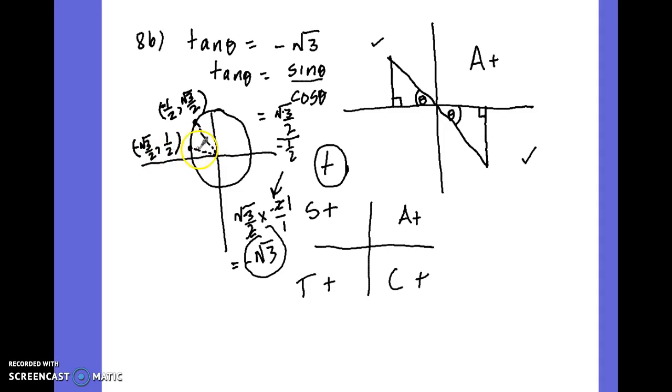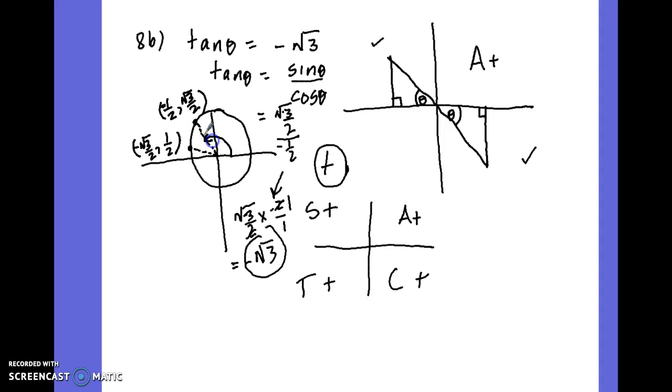They always go together. Okay, but this position will not do it, because when you do the sine, which is 1/2, over cosine, you're not going to get negative root 3. You're going to get something else. You can try it if you like. This one will give you negative root 3 over 3 right here. So the first position is going to be right here.